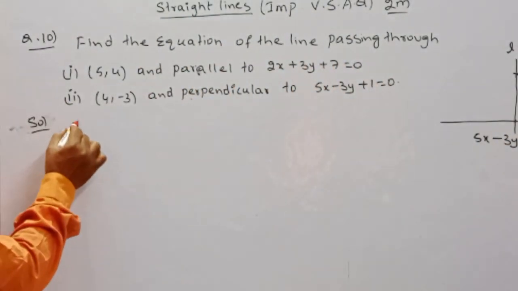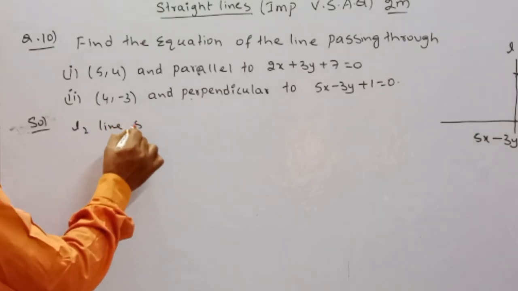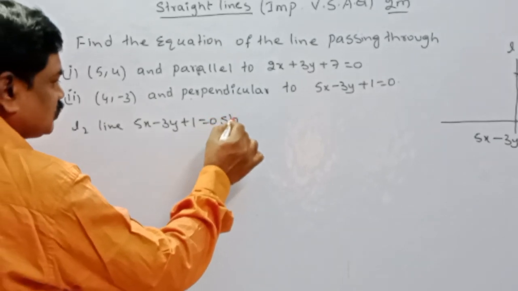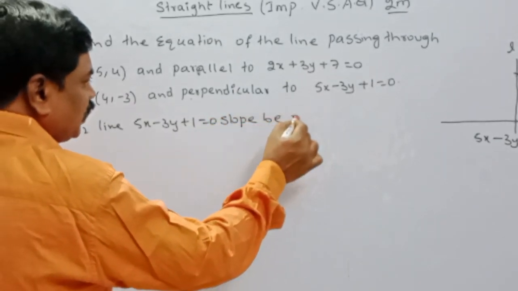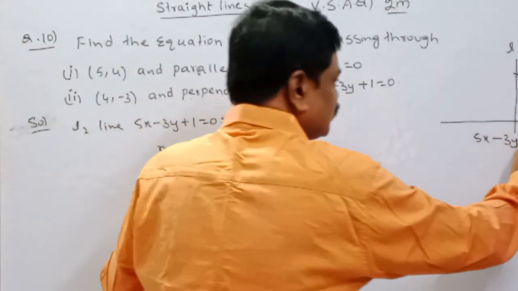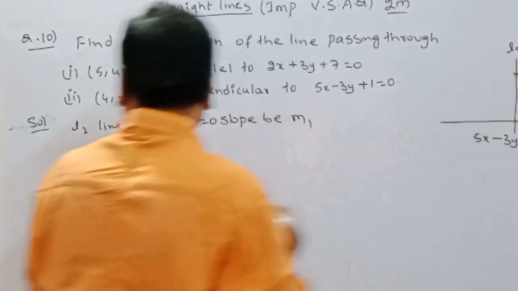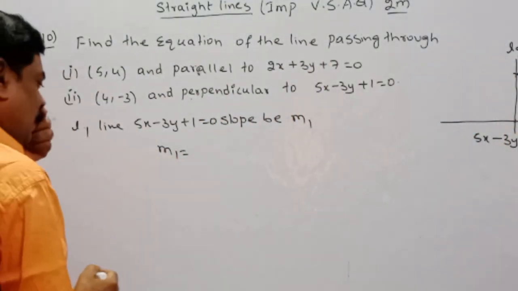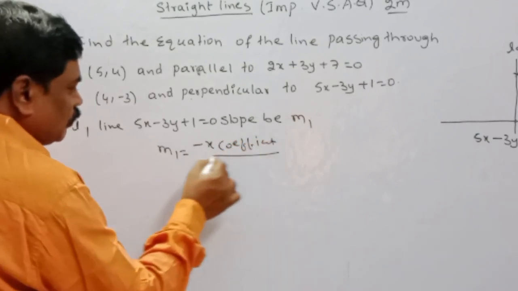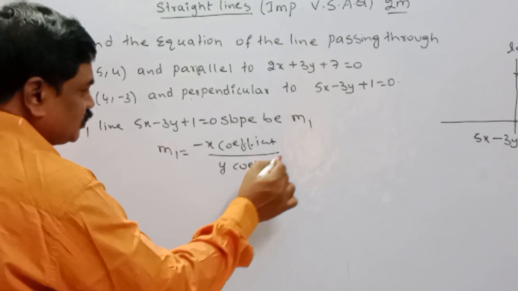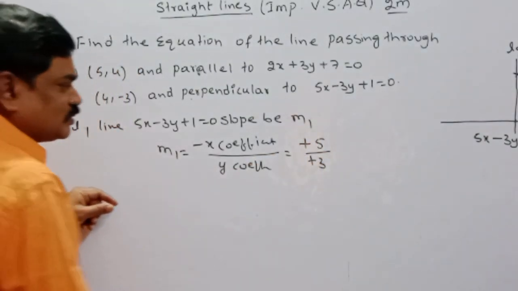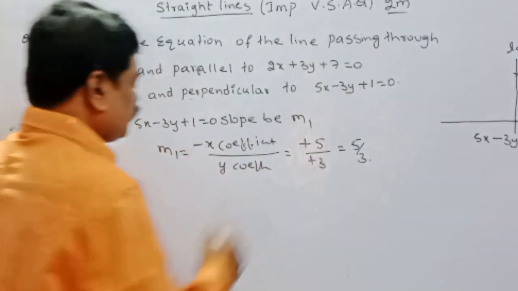The line L1 is 5x - 3y + 1 = 0, with slope M1. So M1 is equal to minus x coefficient by y coefficient, that is minus 5 by minus 3, minus minus is plus, equal to 5 by 3.